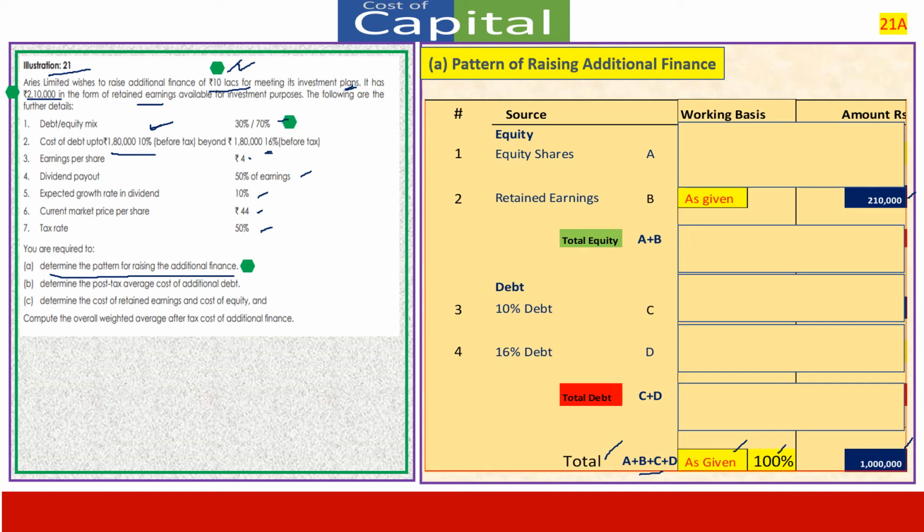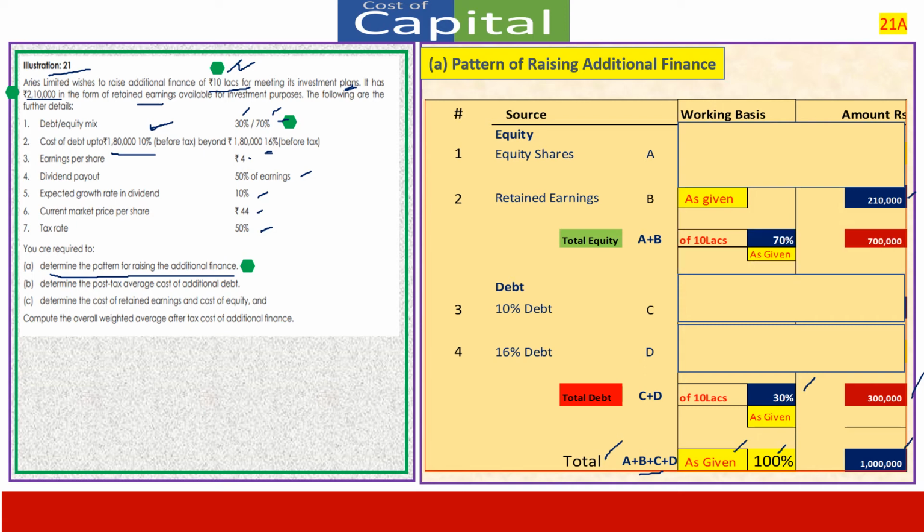Then it says debt is 30% and equity is 70%. That is the mix. Fair enough. 30% is debt. 30% of 10 lakhs is 3 lakhs is debt. And 70% of 10 lakhs automatically becomes equity. That is 7 lakhs. Simple.